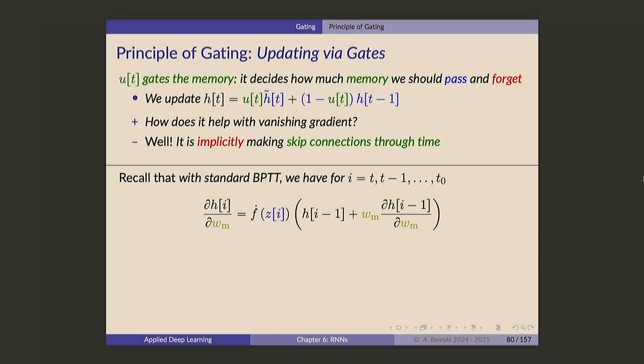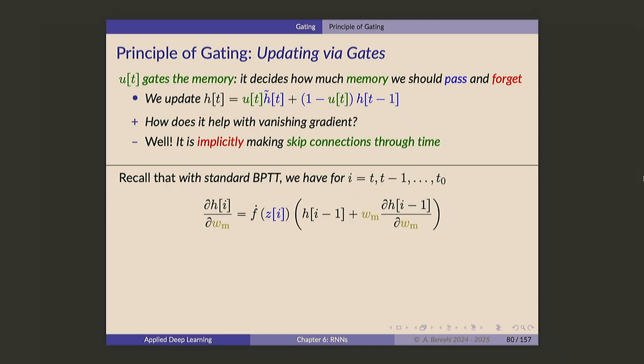And if you think about gating, you could see that it is basically doing an implicit skip connection in time. How is it the case? Because when you want to compute the gradient of your hidden state at one time, you need to go one time back.